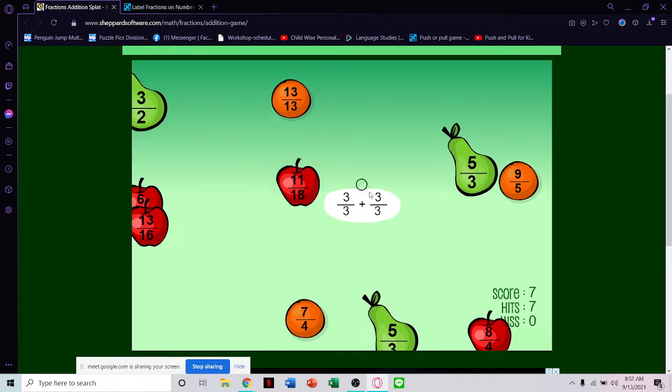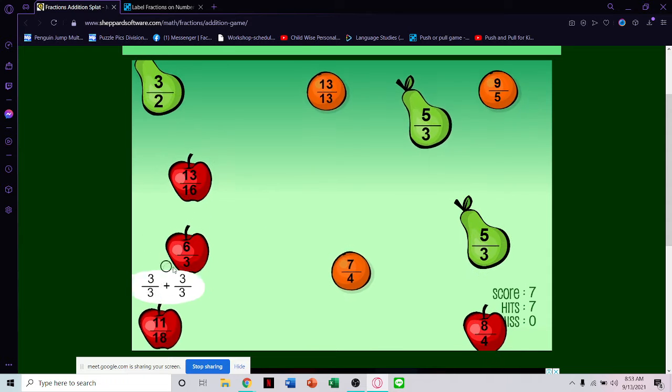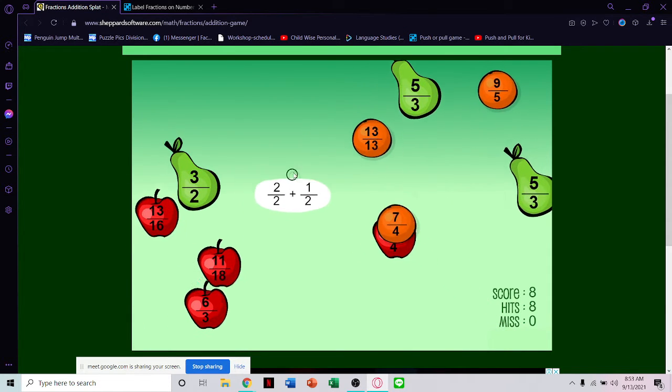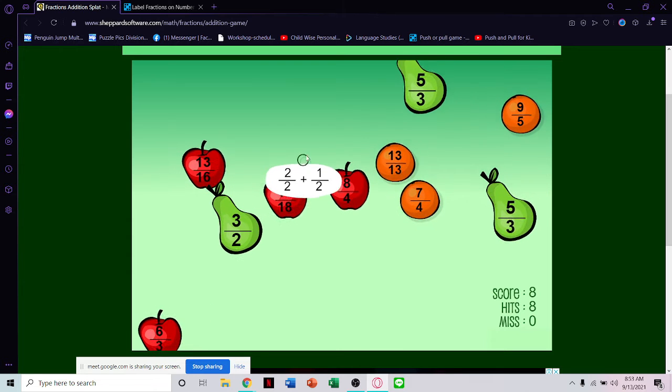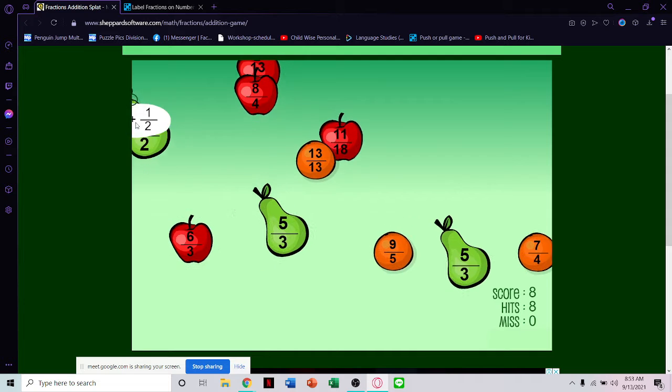Very good. That is equal to 1. Next, what is it? 6/3. Next is 3/2.